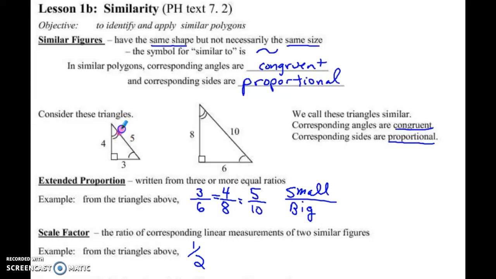Therefore, this is 1, this is 2. 1 to 2 ratio, small to big. Small to big would be 1 to 2. That is known as your scale factor. All right, all good? Let me scroll down a little bit.